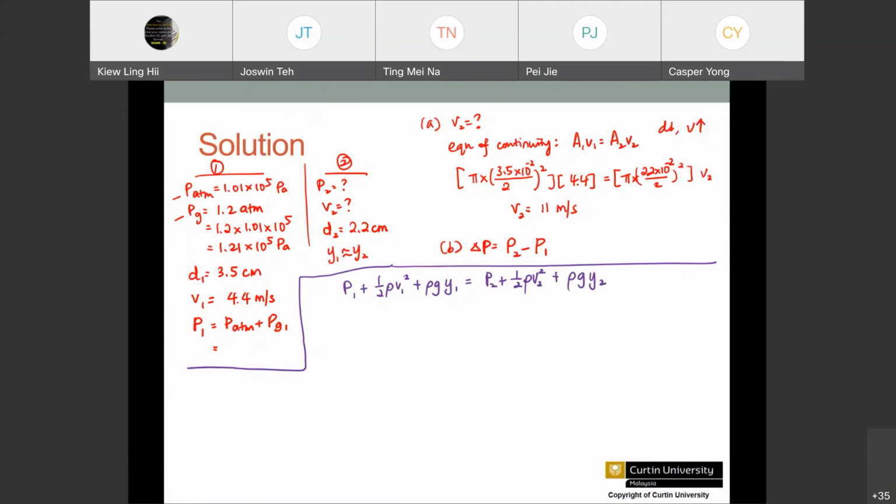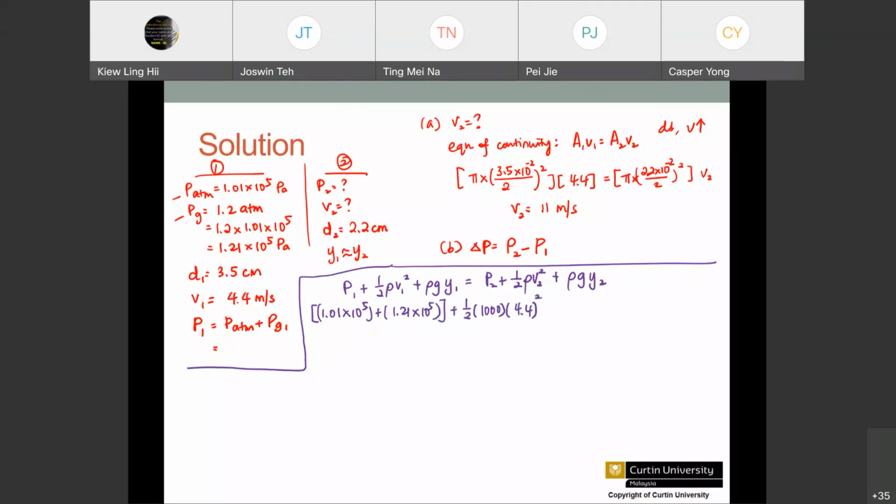Okay, P1 equals P atmospheric plus gauge pressure 1, so 1.01 times 10 to the power of 5 plus gauge pressure, plus density, V1 4.4.